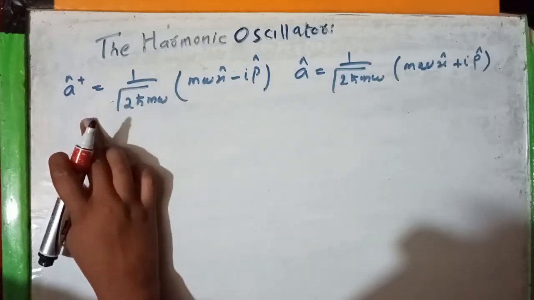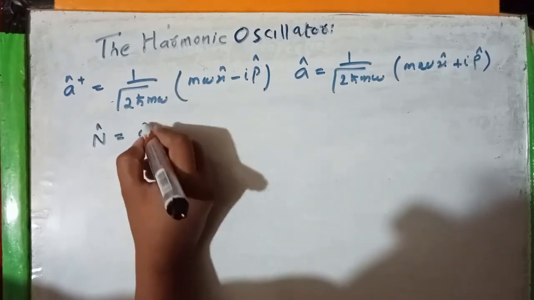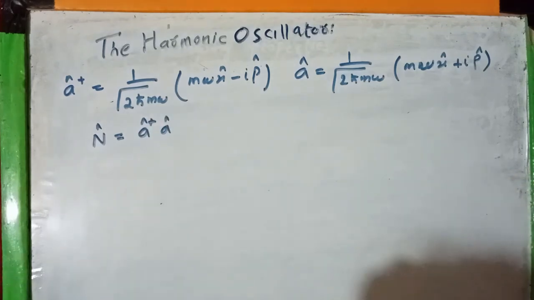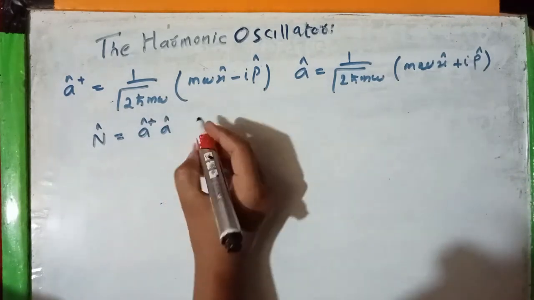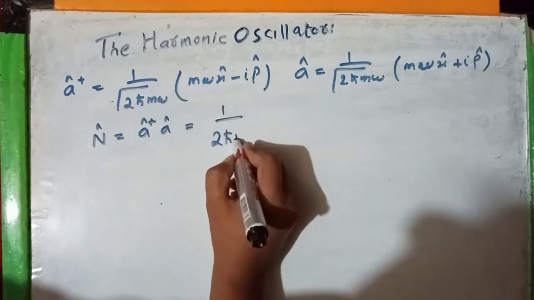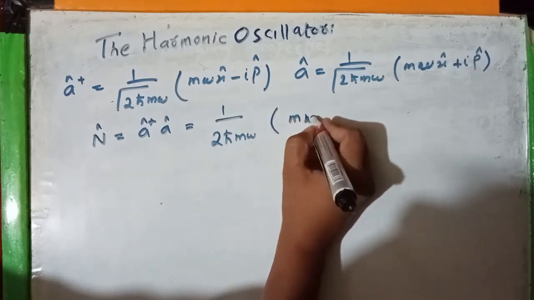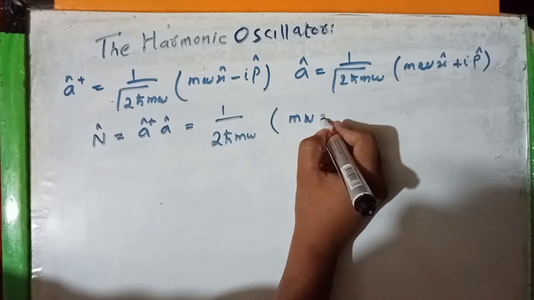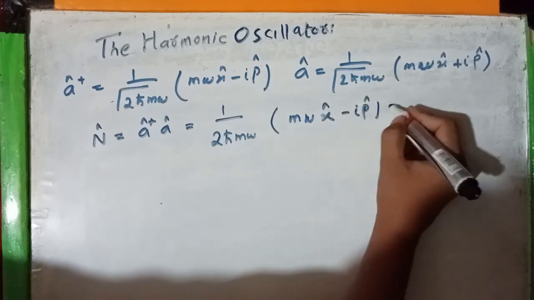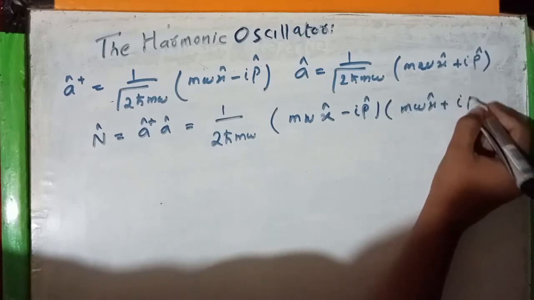Now define an operator n which is equal to a dagger multiplied by a. Now put the value of a and a dagger. So this is equal to 1 over 2 h-bar m omega multiplied by (m omega x minus i p) multiplied by (m omega x plus i p).